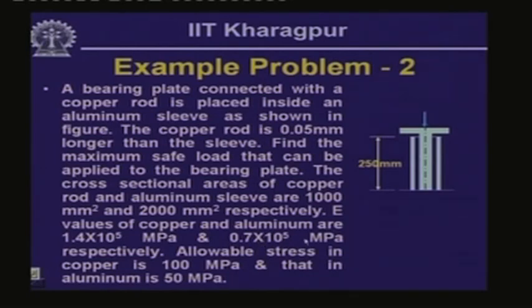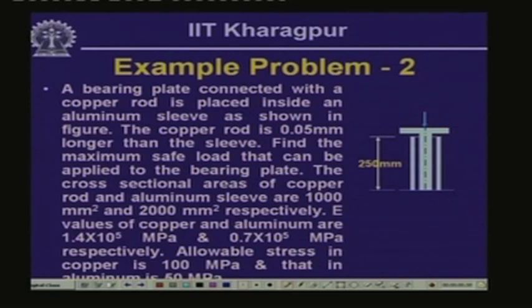Now, here a bearing plate connected with a copper rod is placed inside an aluminum sleeve as shown in figure. So, here this is the bearing plate, and this bearing plate is connected with the copper rod going inside.